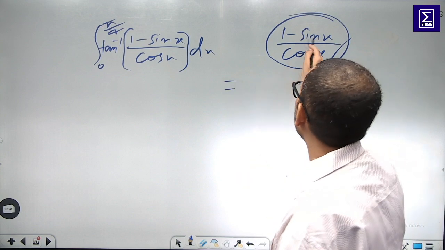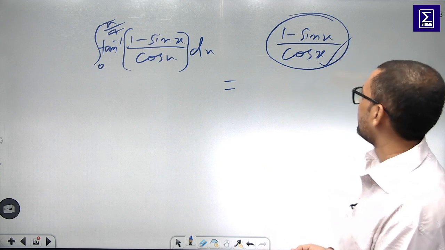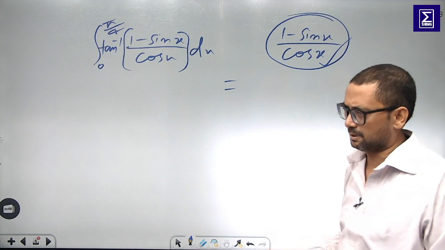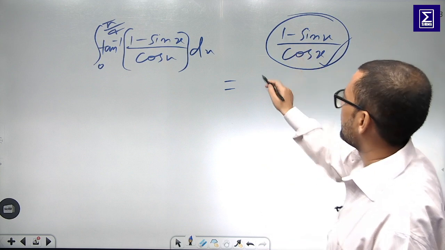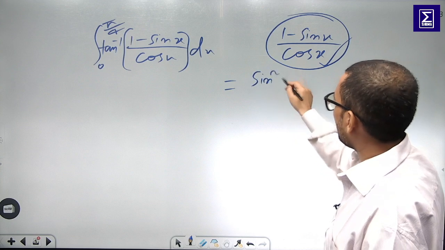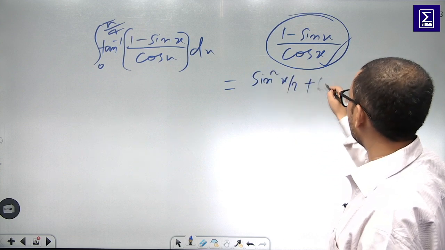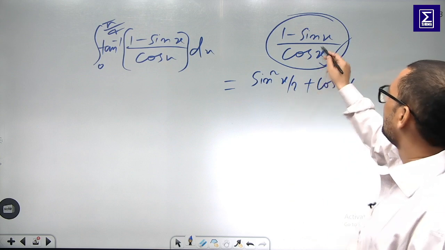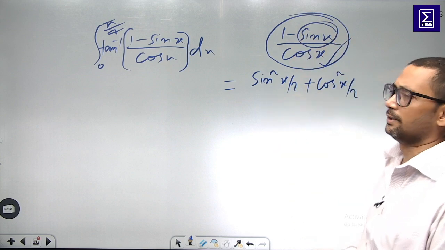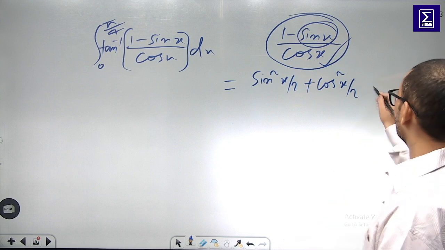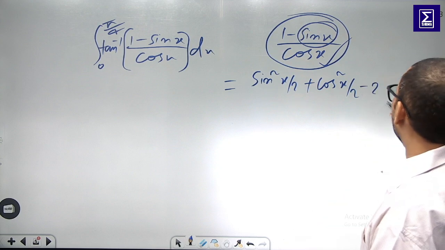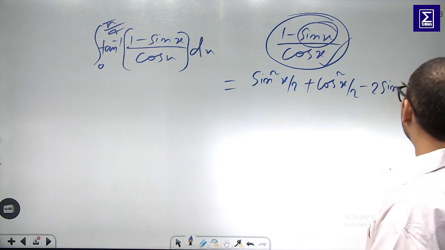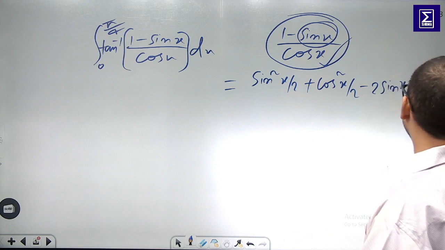So 1 minus sine x over cos x. We know 1 can be written as sine square x plus cos square x. So in place of 1, we can write sine square x over 2 plus cos square x over 2. Why are we taking this? The reason is, here it is sine x, and sine 2x is 2 sine x cos x. So it would be minus 2 sine x by 2 cos x by 2.